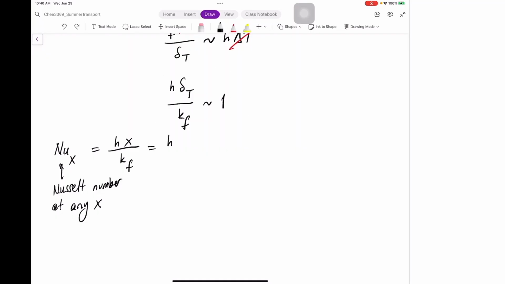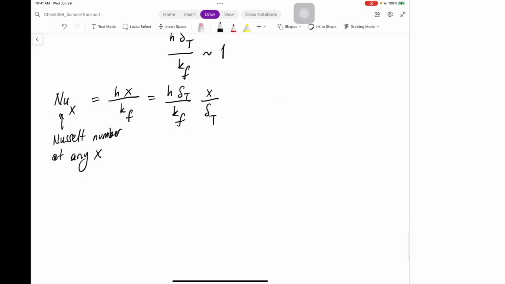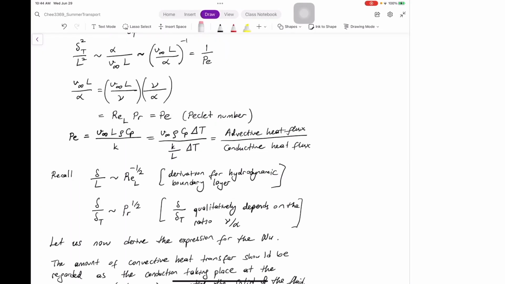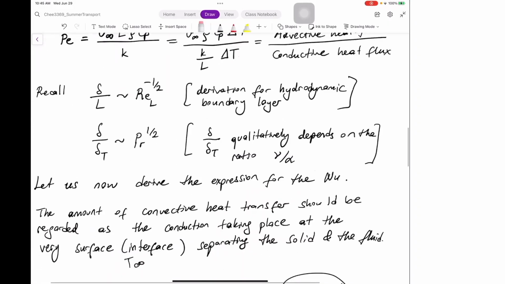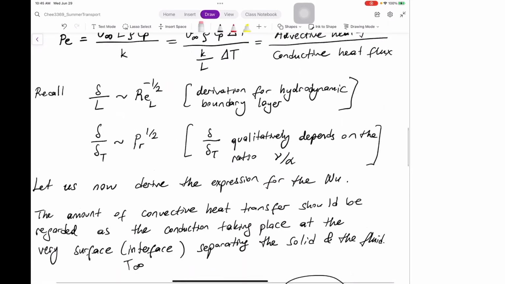So I did not do it for no reason. So h delta t over kf times x over delta t, right? And we know that this is in the order of 1. Okay, but the entire thing must be in the order of, so here let's actually do it this way. Now have a look at these two things.